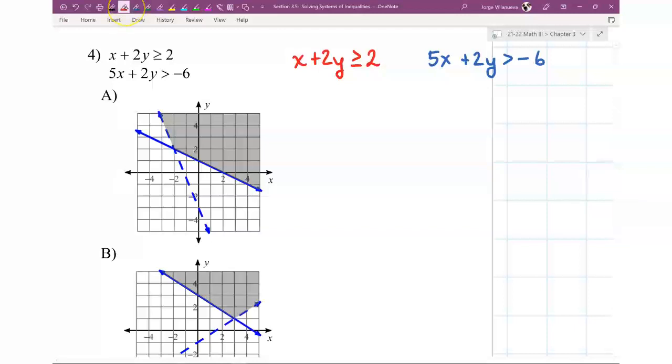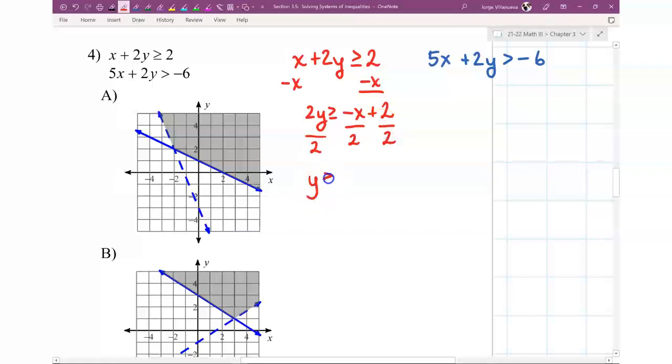Like, I really hope so, because it's been a while, right? Hopefully this isn't the hard part for you. Let's subtract x. So we get 2y greater than or equal to negative x plus 2. And then we're going to divide by 2. So y is greater than or equal to negative half x plus 1.